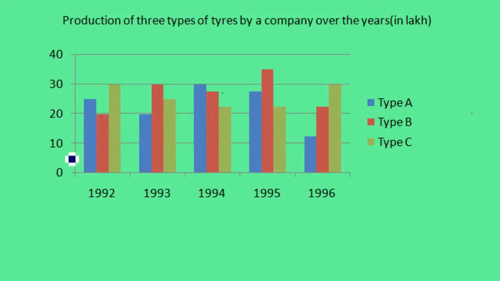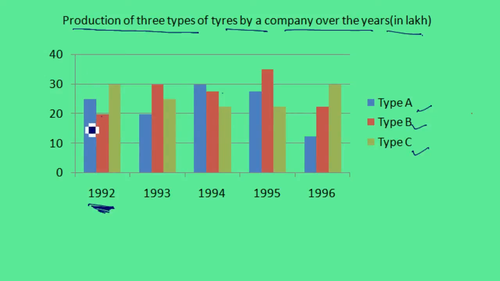First thing is, the production of three types of tires by a company over the years in lakhs is given. The blue is type A, red is type B, and the yellow is type C. Here in 1992, first of all, focus here.